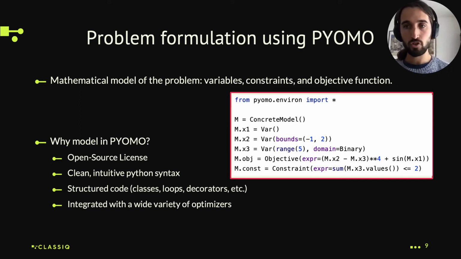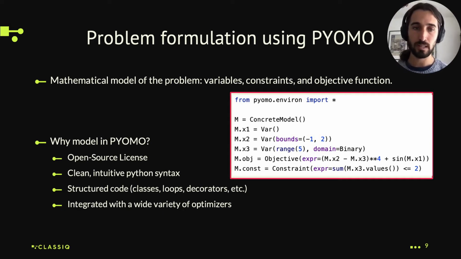We're going to show you one more thing, the way Classiq suggests you formulate your problems. There are many optimization packages. Some of them are not connected, like AMPL or GAMS, and we choose to use a Python optimization package.